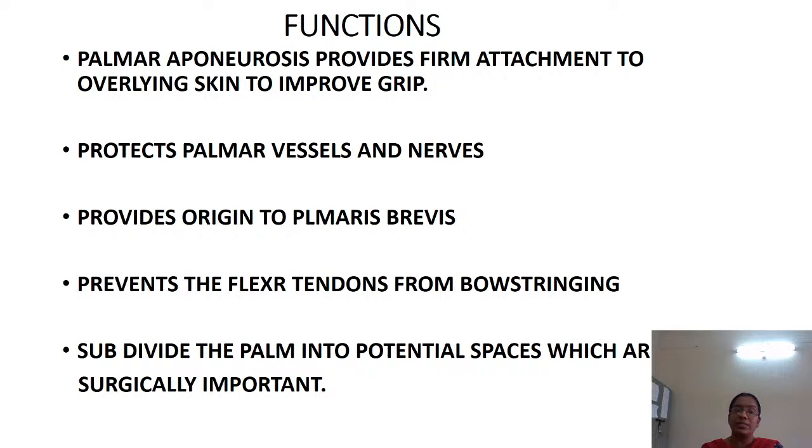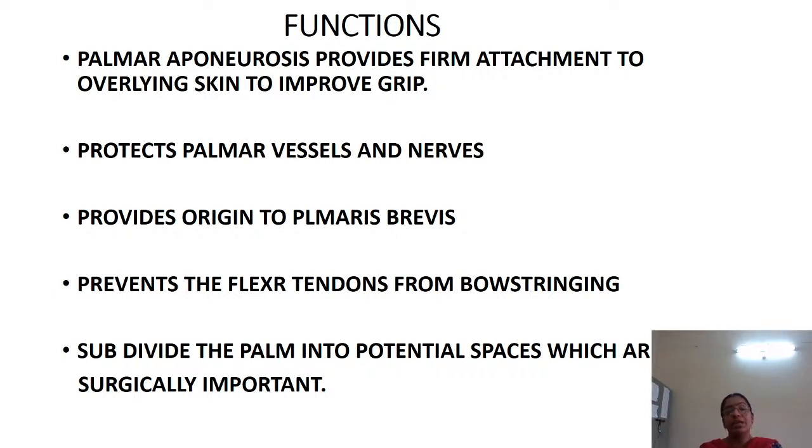In the later part of the slide, you will come across what this muscle is. And next, the most important thing: since the palmar aponeurosis protects, because through the superficial and deep slips there are some tendons passing, it prevents the bowstringing of the flexor tendons.